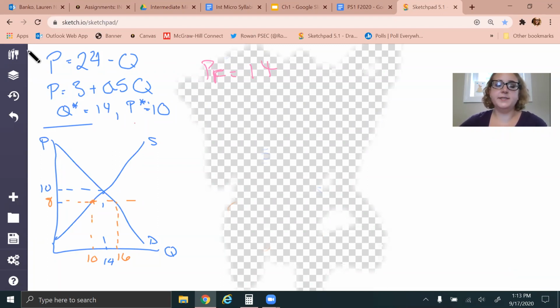So instead of $10, the minimum price in the market is 14. Something up here. So we can find the quantity demanded and supplied just like we did before. We want to take this 14 and plug it into each price for demand and supply. So for demand, 14 equals 24 minus Q. Solve for Q, this is quantity demanded, and that equals 10.